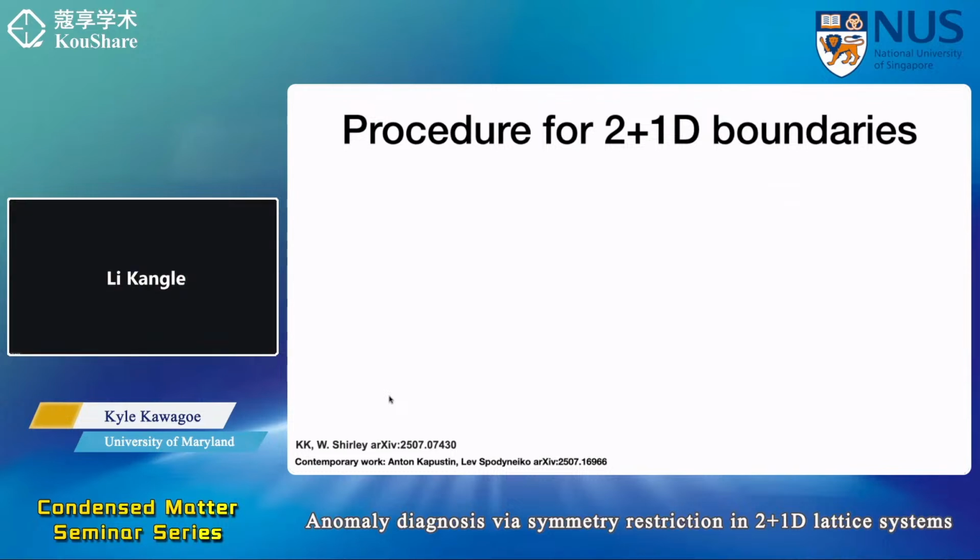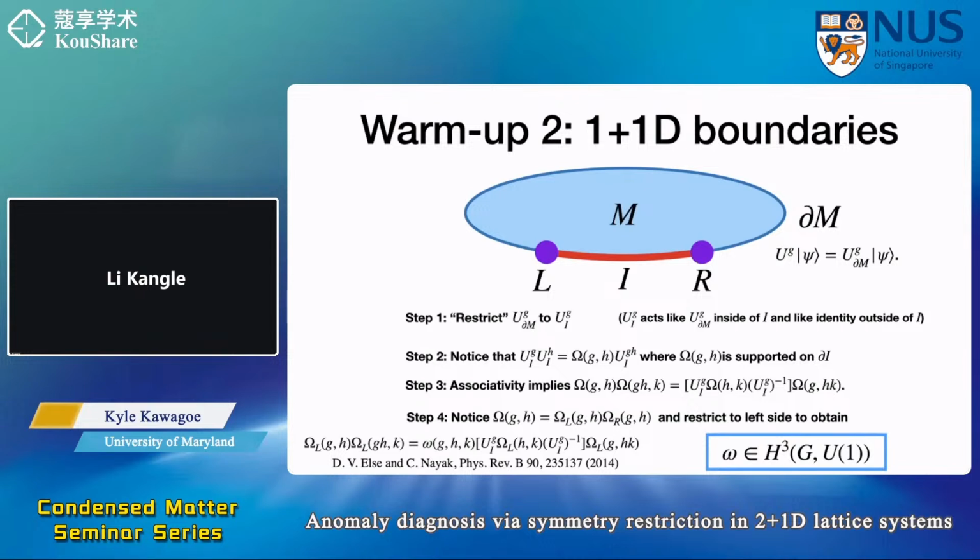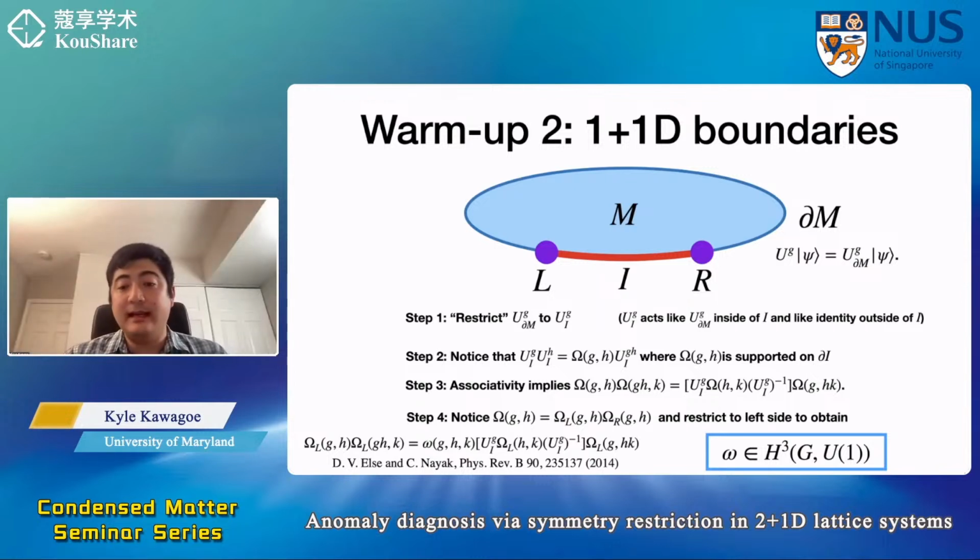Oh yeah, sure. Can you explain again why the omega only sits at the boundary of the interval I? Yeah. One way to see this is, if one's very careful about what one means by symmetry restriction, what I really mean is that the operator UGI, when conjugating any operator well inside of the interval, is identical to conjugating an operator by UG on the boundary of M. And if you conjugate an operator outside of the interval by UGI, you return that operator back again.